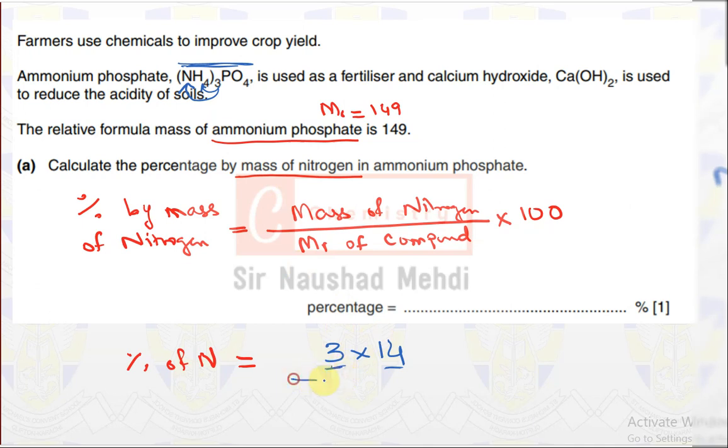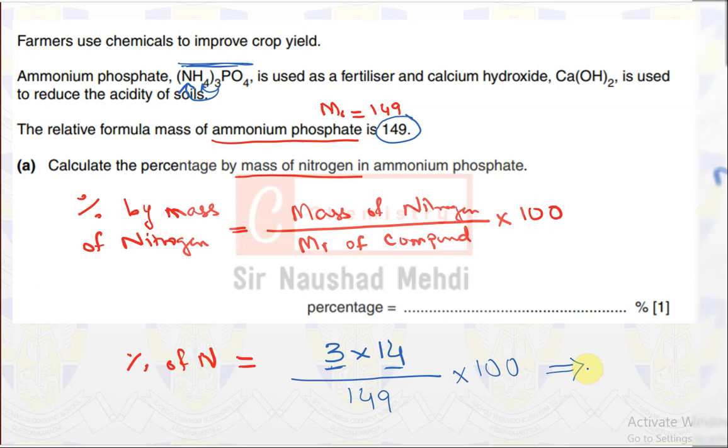Now you have to divide this mass by the Mr of the compound. The Mr of the compound is already given to you, which is 149. So you put 149 there and multiply by 100. In the calculator, 14 multiplied by 3 becomes 42.